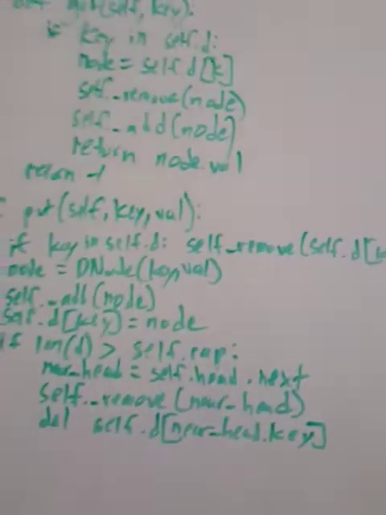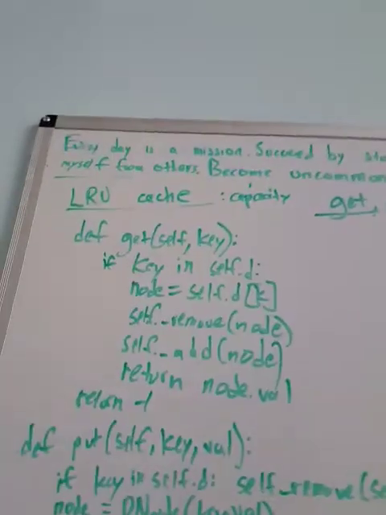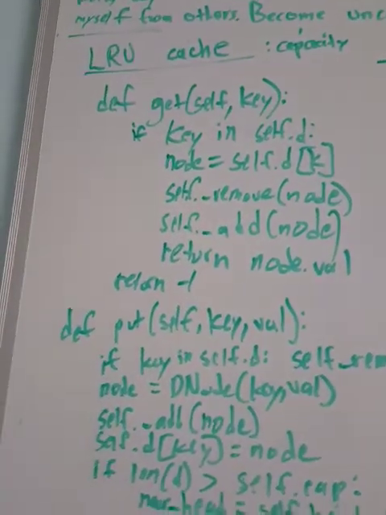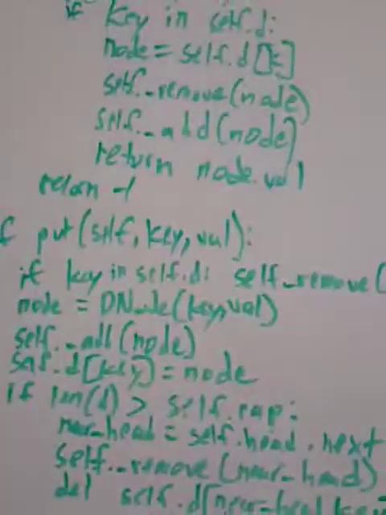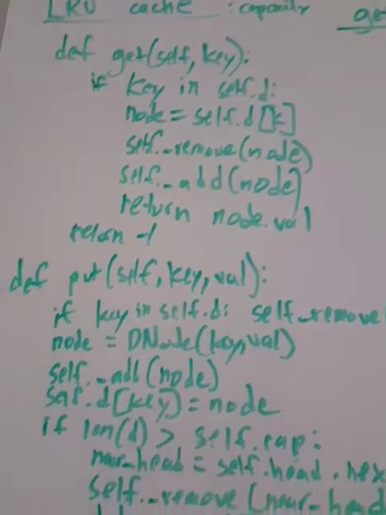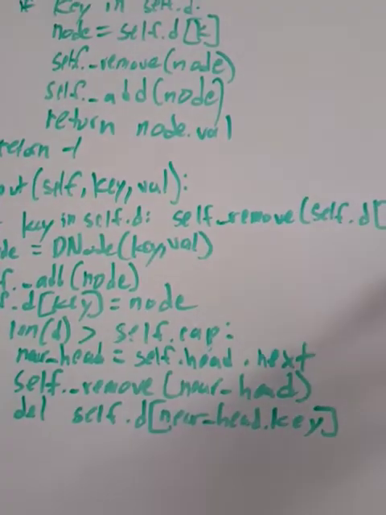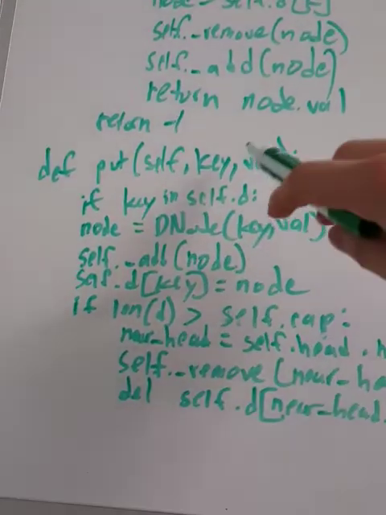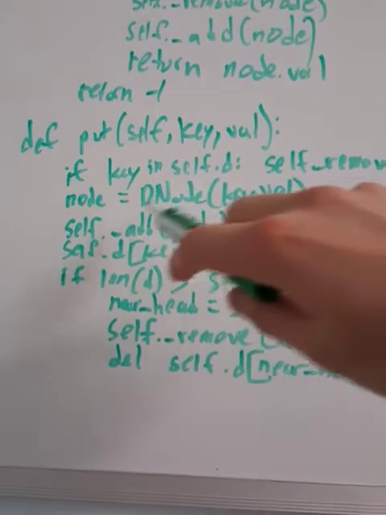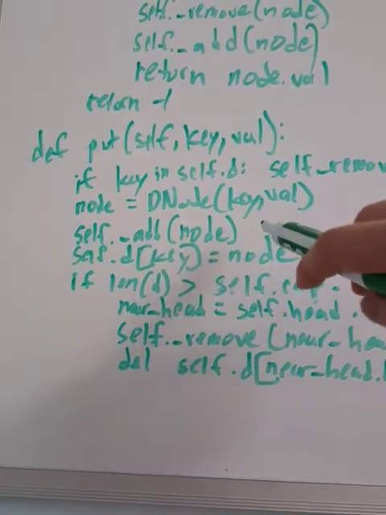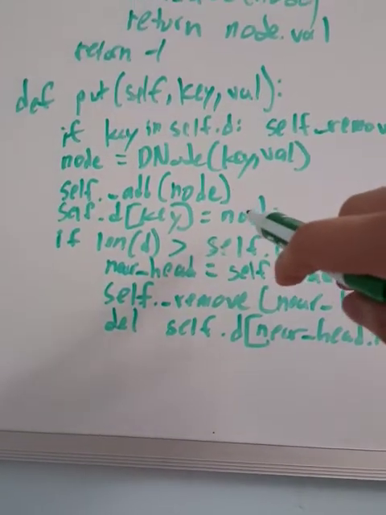Yeah. So let me just double check what we're getting. We're checking if the key is in the dictionary. If it is, we're getting the node, and we're removing it, and then we're adding it again. And then returning the value of it. Otherwise, returning -1. And the put, if it's in the dictionary, then we're going to remove it, and then we're going to create a new node with that key and value, and then we're going to add it into our linked list, and also our dictionary.